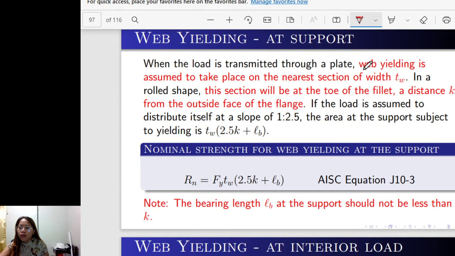So the web yielding will occur on the nearest section of width TW. What is the nearest section? That is directly below the load. In a rolled shape, or the shape that is manufactured or produced using hot rolled shape.